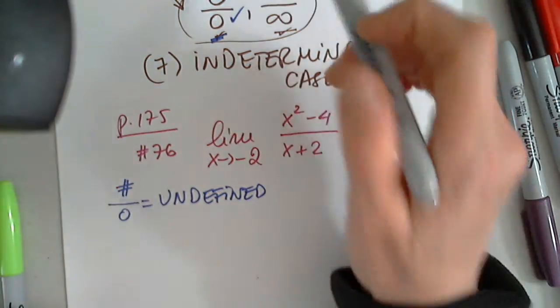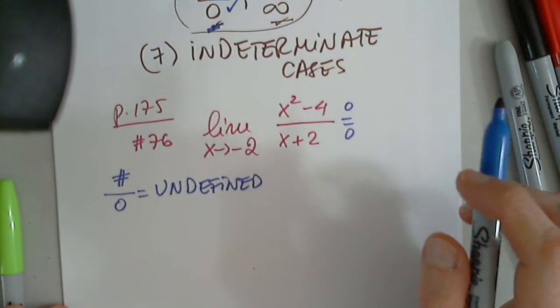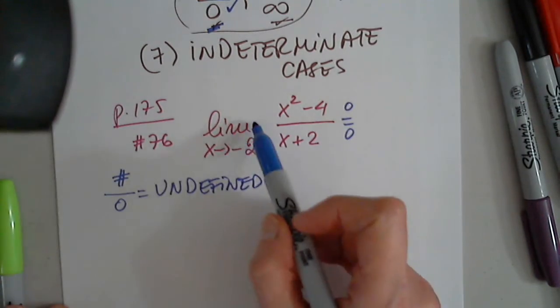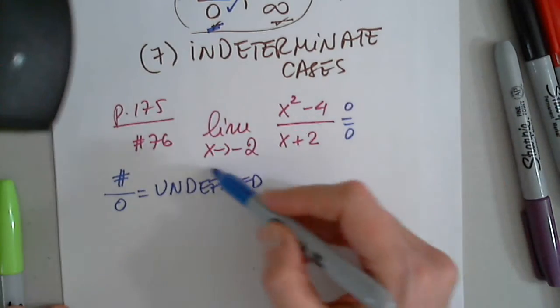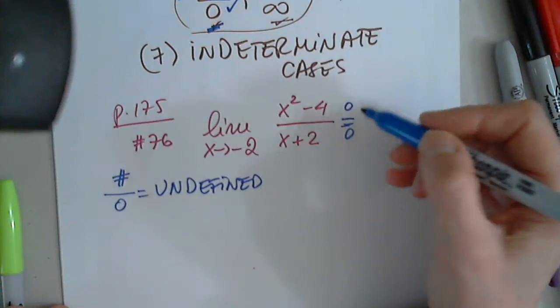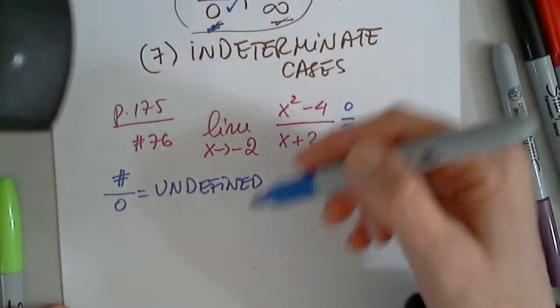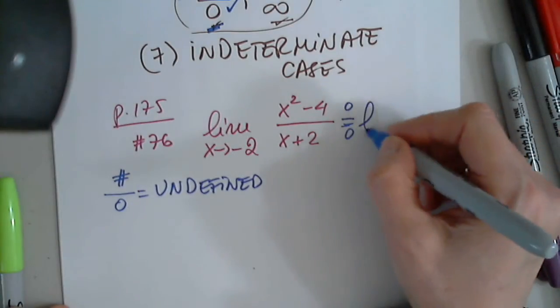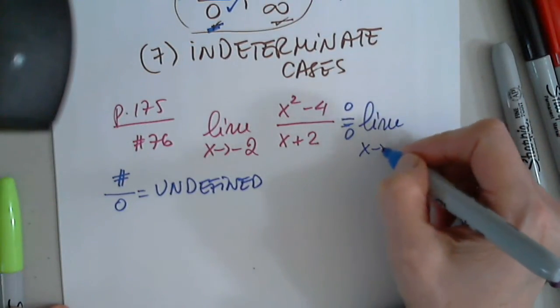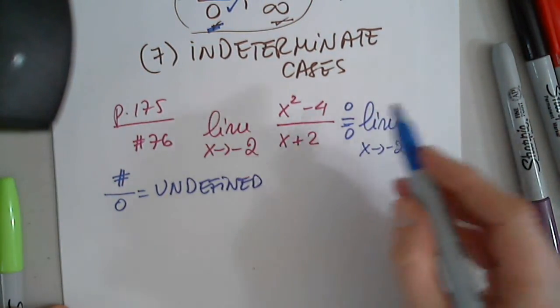Okay, L'Hopital showed the following. He said this: if you have a limit and initially you run into one of these two indeterminate cases, which we did, so both conditions are fulfilled, then you can simply differentiate the top.